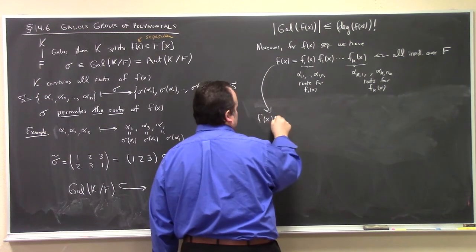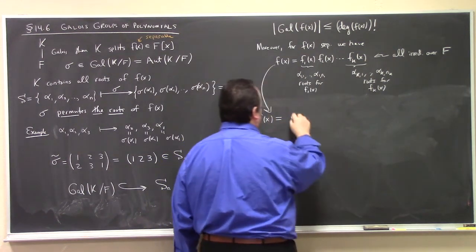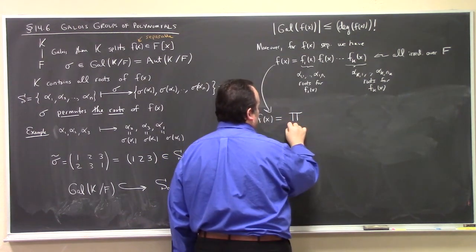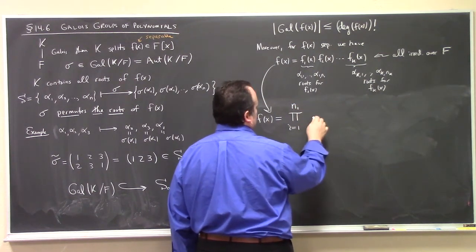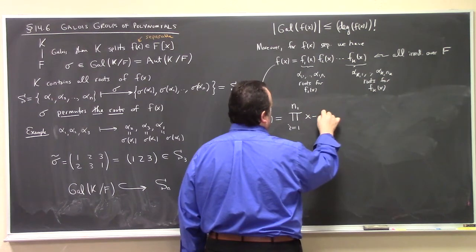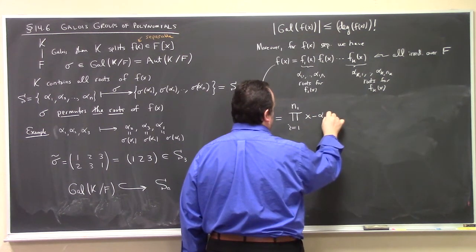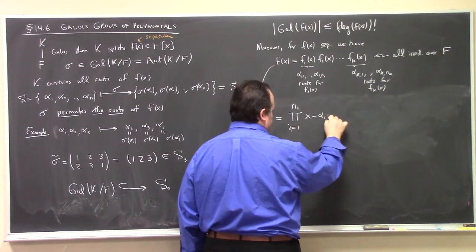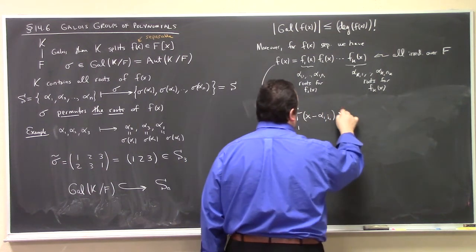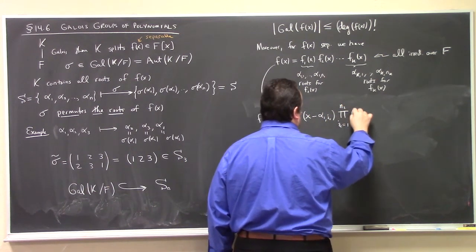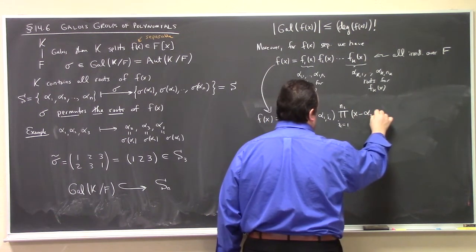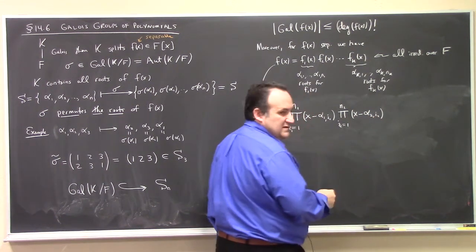This is f of x equal to the product, for i equals 1 to n1, of x minus alpha 1i. I'll put a 1 here, just to be really annoying. And then you've got the product, i2 equals 1 to n2, of x minus alpha 2i2.